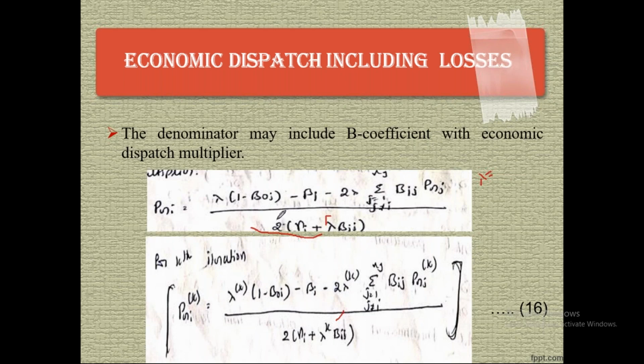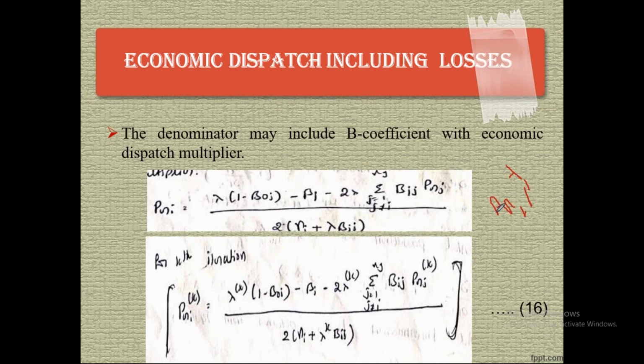So this is the power equation for the ith unit, the power generation equation, represented as equation 6. For solving the problem, what are the formulas we have to know? First of all, we have to assume the lambda value, and based on the lambda value, we have to find the Pg1, Pg2, Pg3 values.